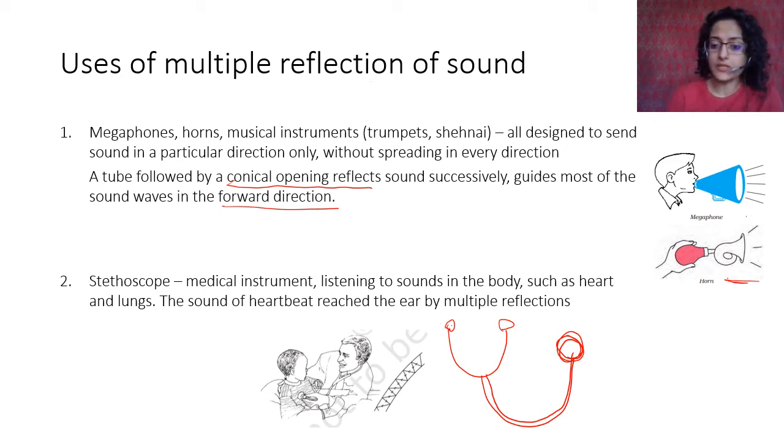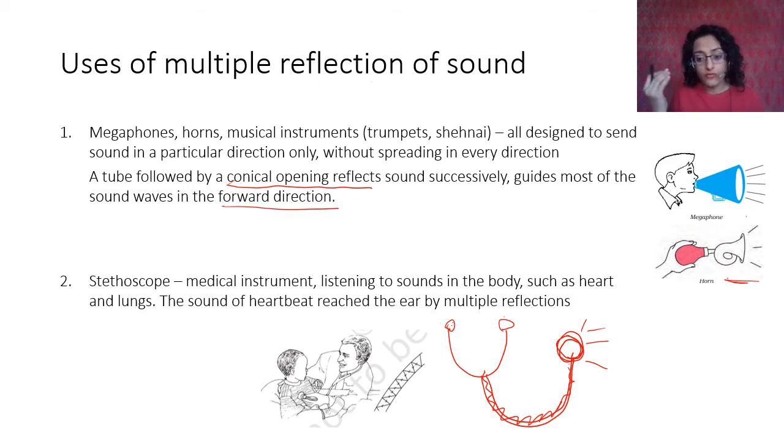It has the same principle, that the sound enters this, goes directly in through this tube, and then they can hear it from the ear. Otherwise heartbeats and all are very light. Now you cannot hear somebody's heartbeat unless you go really close and keep your ear on the heart.